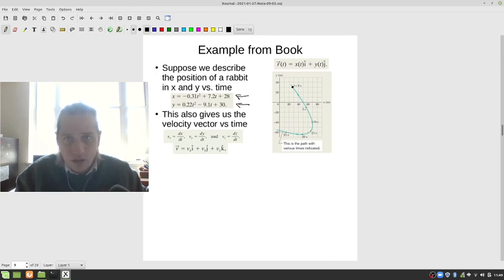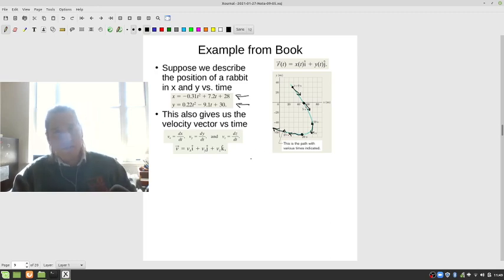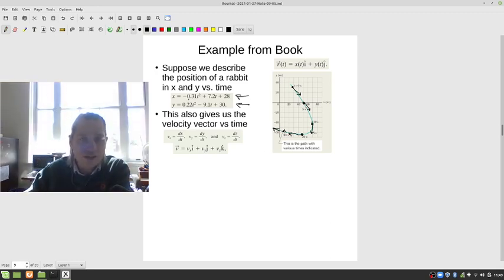Now, the rabbit's velocity is always going to have some magnitude, and its direction is going to be tangent to this curve. Now, how do you find that velocity? Well, everything that I said carries over. To get my Vx, I could just use dx dt, take the time derivative.